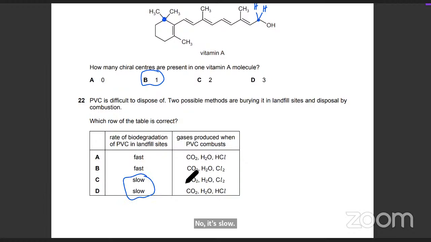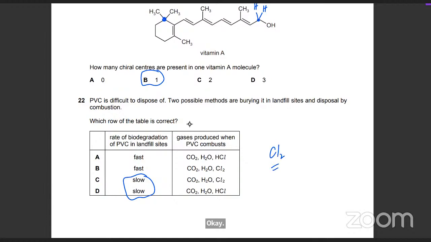And if you burn them, what gases will be produced? Is it C? D. It's going to produce HCl. Can you remember, chlorine is very reactive.